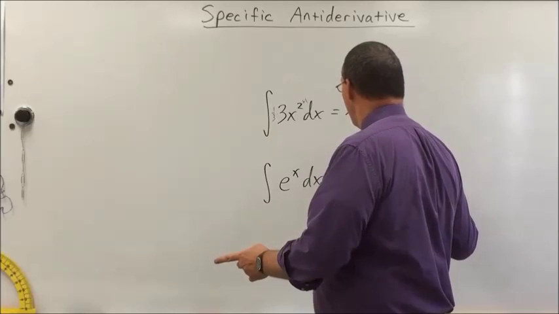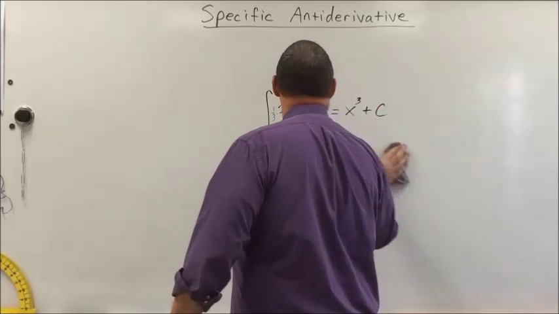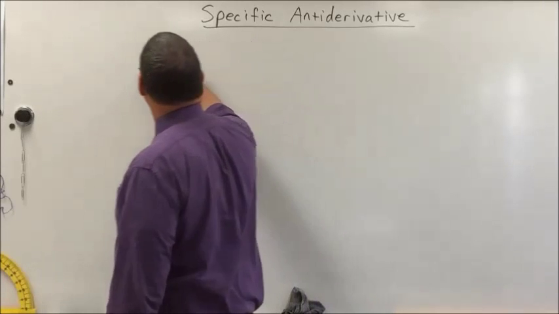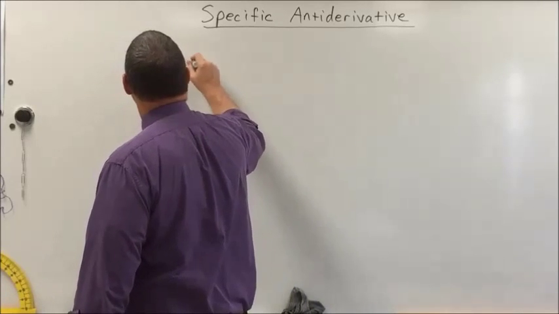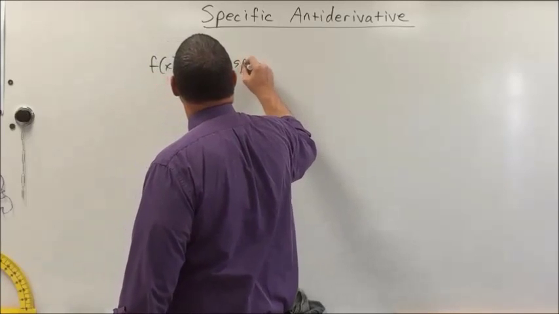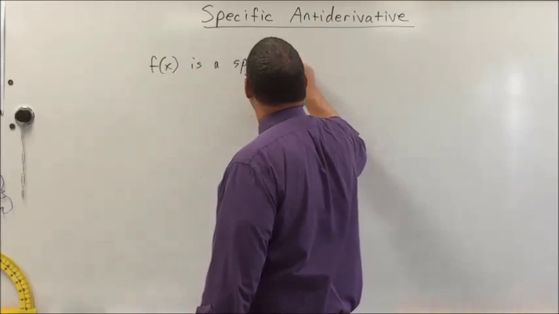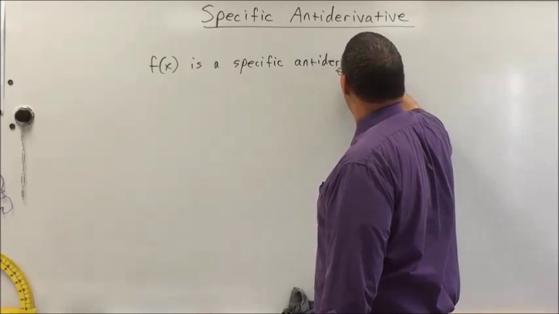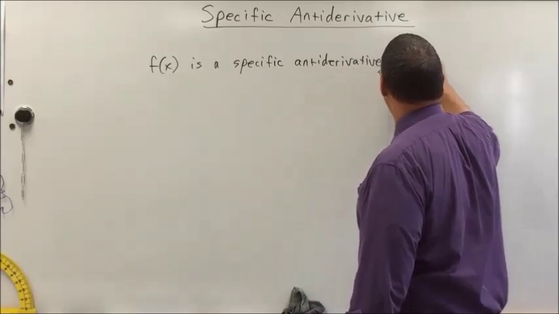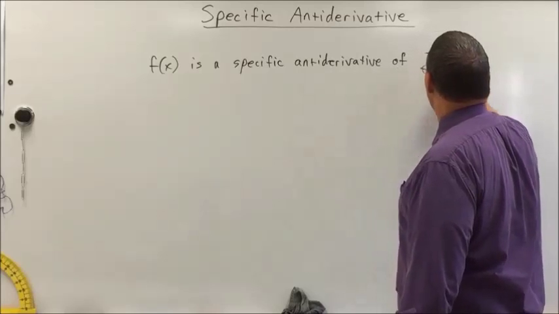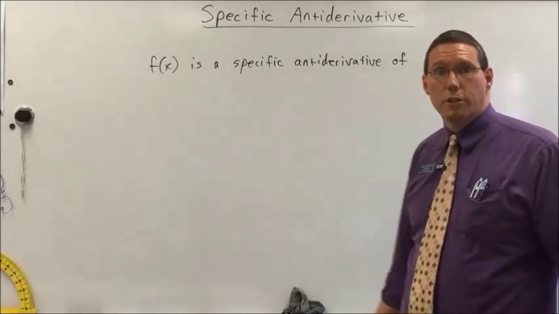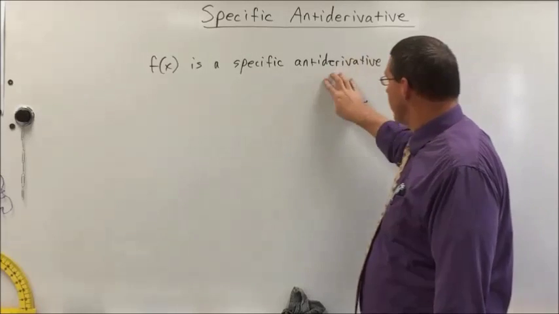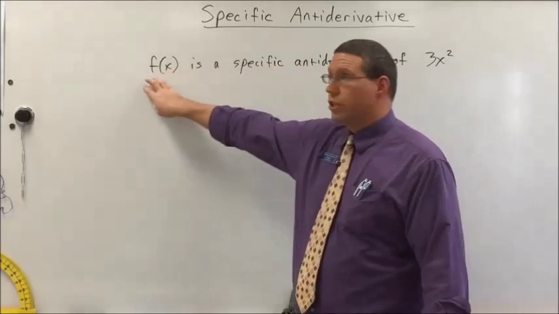Let me erase this. Let's say that the function f of x is a specific antiderivative of 3x squared. That means 3x squared is the rate of change. 3x squared is a function, and its antiderivative is the function f of x.